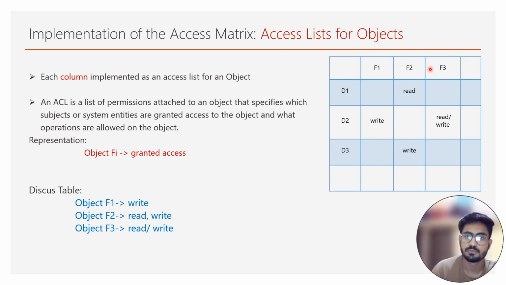Object F2: we traverse like this, read and write. Because this is blank and nothing is there, we don't write anything. Object F3: this is D2, and we also traverse the column F3, read, write. This is the granted access.